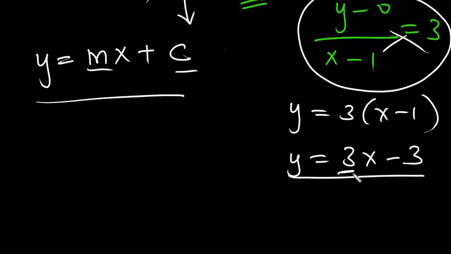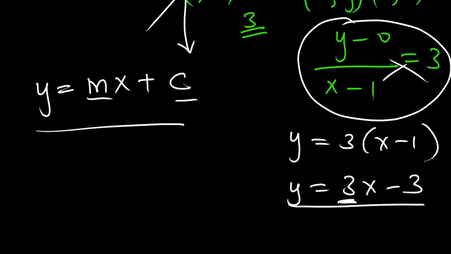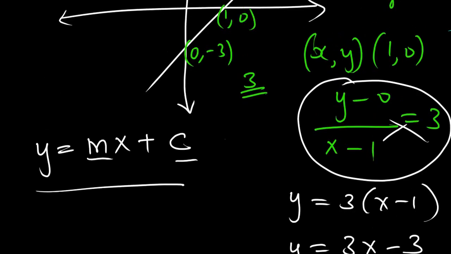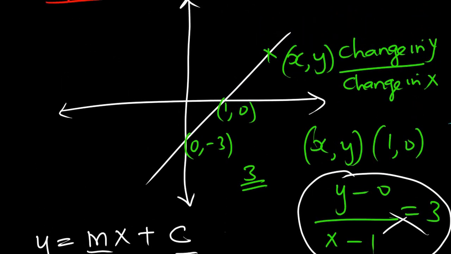You can see the gradient is 3, so 3 here is our m. And c, we call it the y-intercept. The y-intercept is the point where this line cuts the y-axis. If you go back to this Cartesian plane, you can see that this line cuts the y-axis at the point (0, -3).